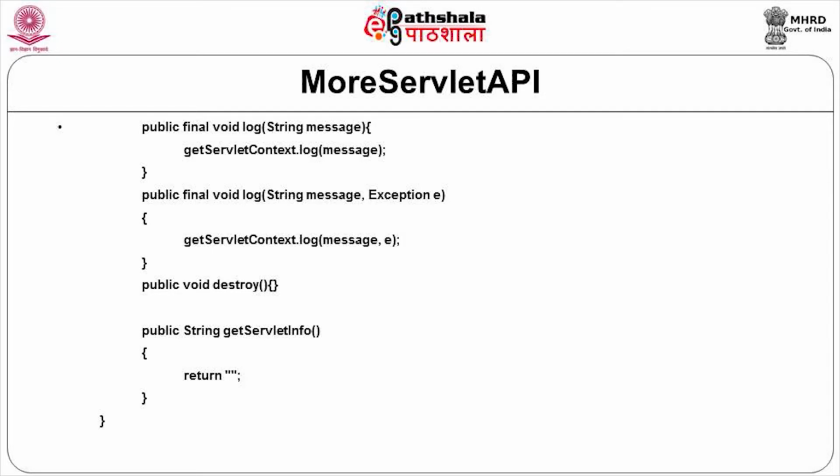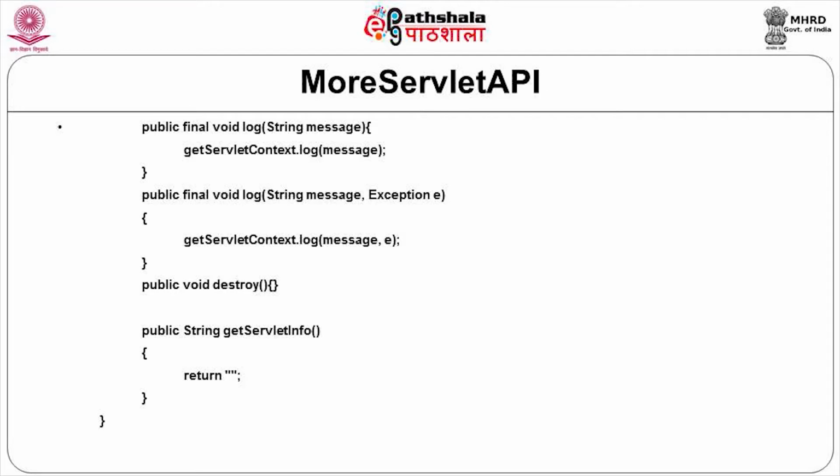Then coming to the other remaining methods, we have the destroy method. By default in the base class, we don't want to do anything. Let it be overridden if someone wants. So we will not have this as final.